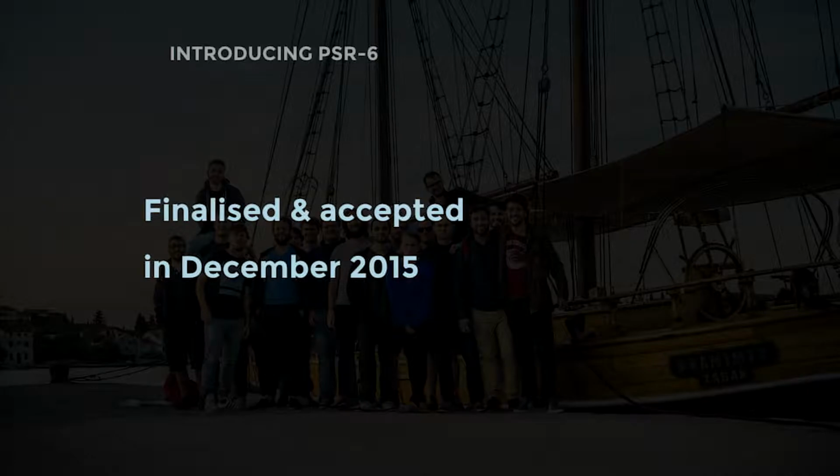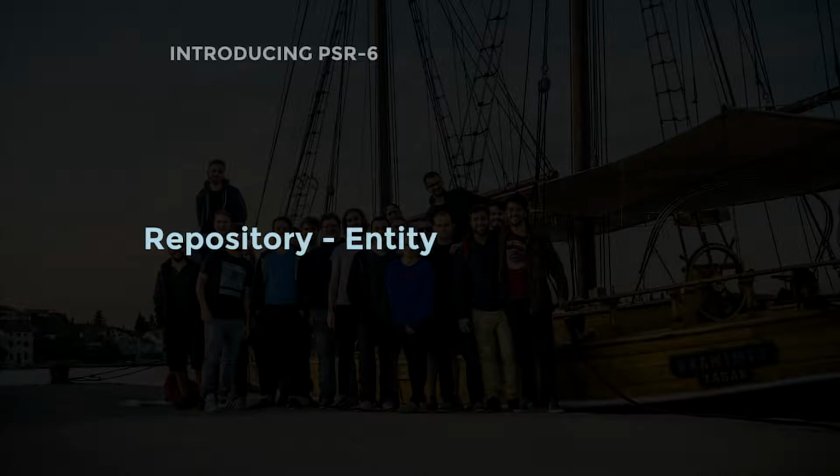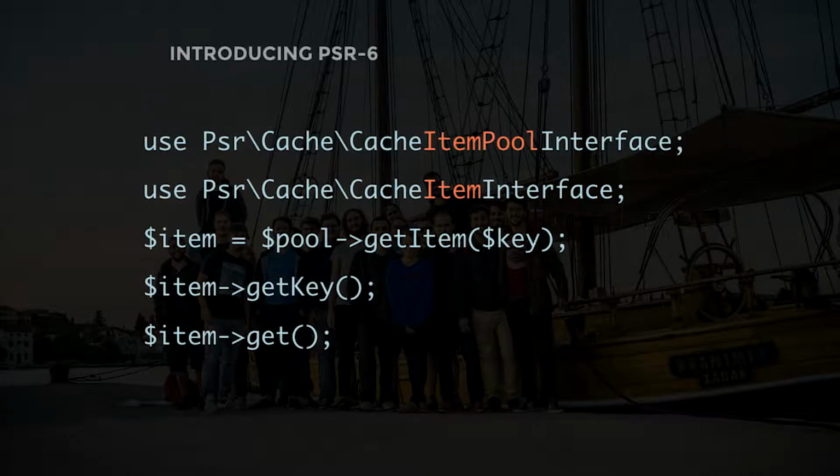The basic gist is there's 2 interfaces, one for a cache repository and one for a cache item or an entity. So, repository entity pattern. There's a cache item pool and cache item. The cache item pool is a repository. You always use the repository to query some items, 1 or more items. You get an item, you can get the key and get the value.